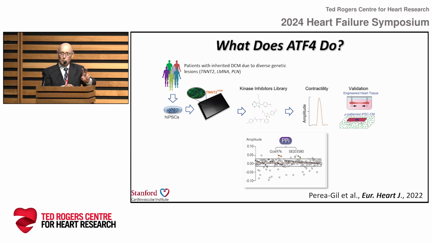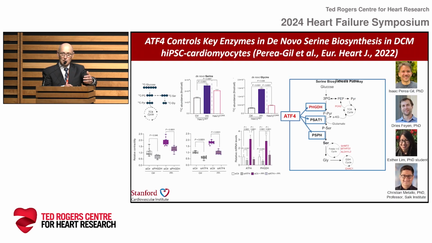And what we came up with were a couple of molecules that seemed to be beneficial, and we used them as chemical genomics probes to study mechanisms. And to make a long story short, what Isaac Perea and Dries Feyen did in the lab was they were mapping the signals downstream of these 2 probes that would be important. These probes activated ATF4, and those probes activate downstream enzymes involved in de novo serine metabolism.